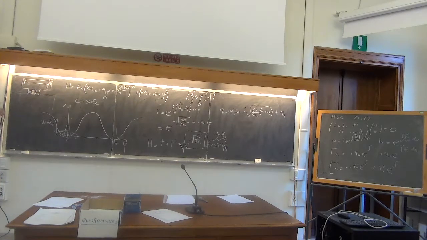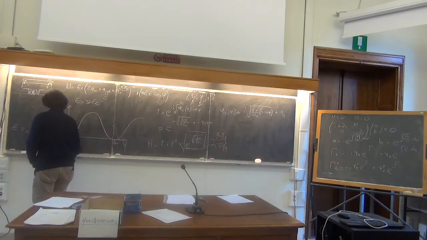Once I do this modification, if these two junctions are equal, I obtain an effective EJ, which will be some EJ0, which is this tunneling, times the cosine of this magnetic flux, which is measured again in terms of hc over 2e.